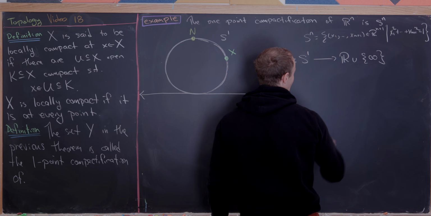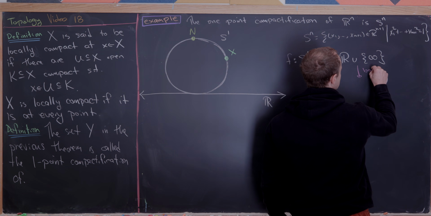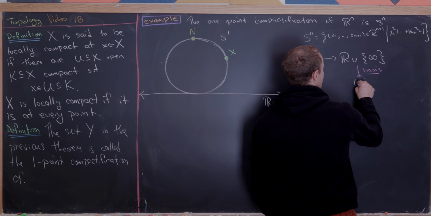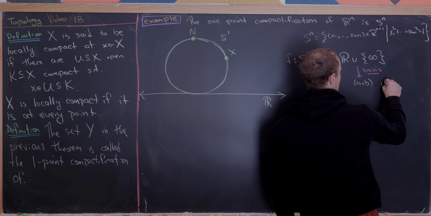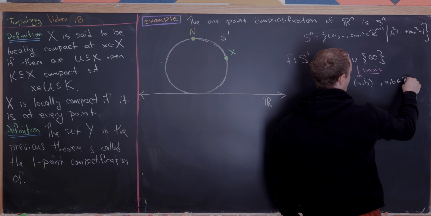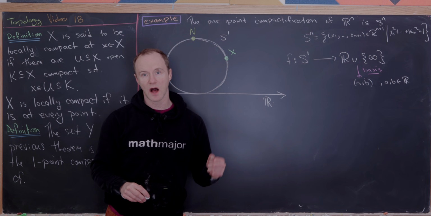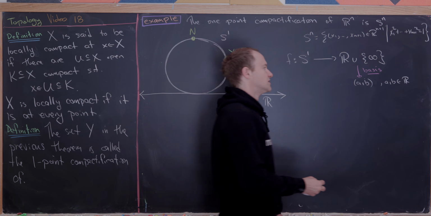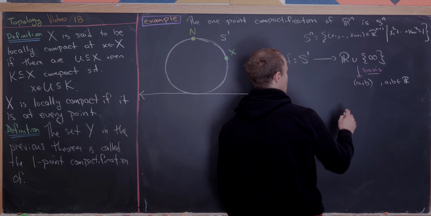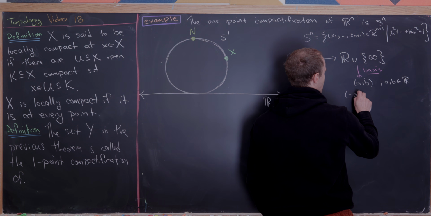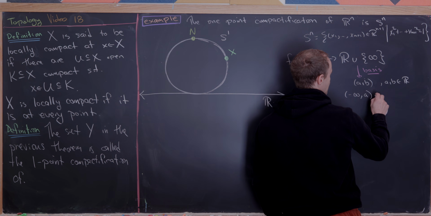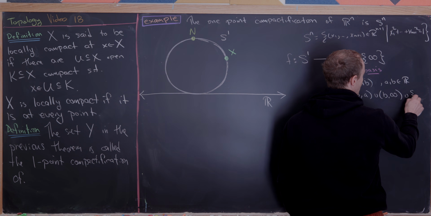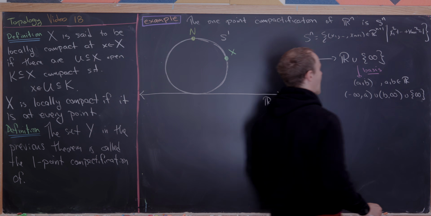By that, I mean a basis for open sets over here is built from sets of the form intervals (a, b), where a and b are in R, or complements of basic compact sets. A complement of a basic compact set would look like minus infinity to a, union b to infinity, but we need to throw in the point at infinity there.